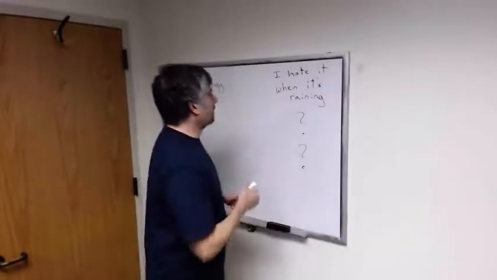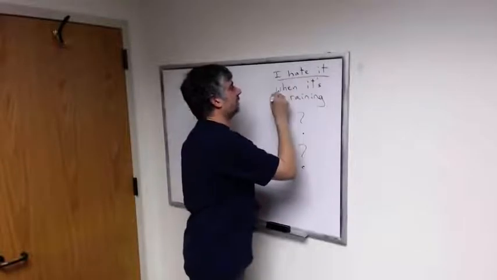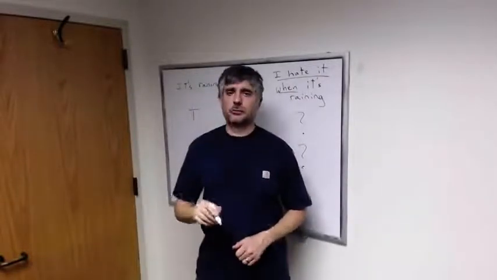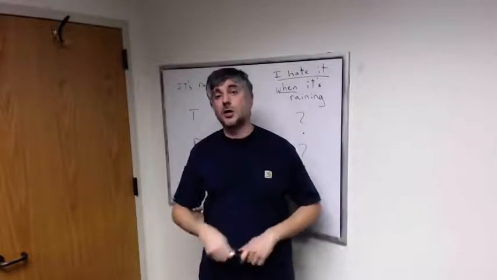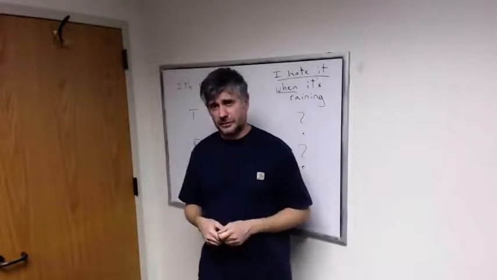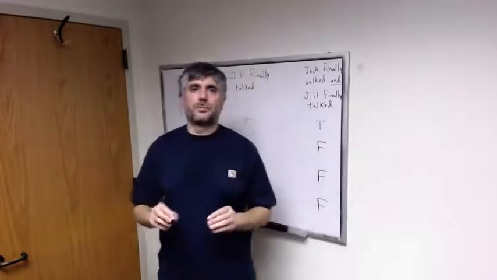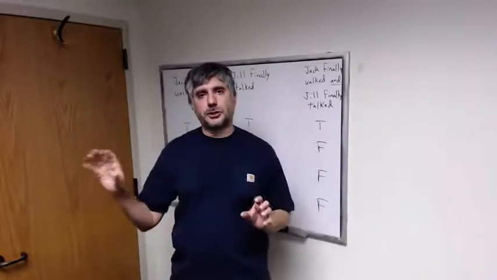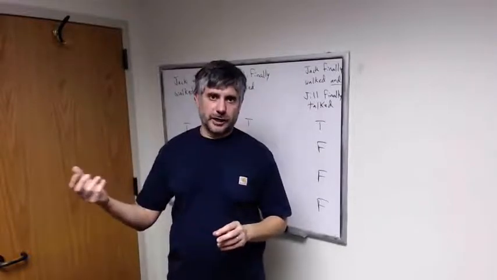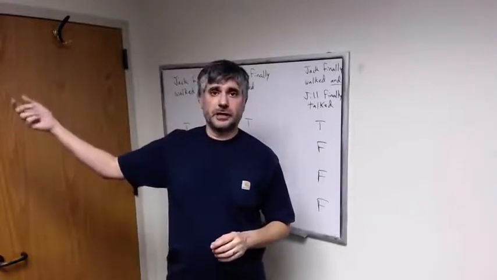Because of that, the propositional connective, I hate it when, is not a truth functional connective. It's different from the propositional connective and, which is a truth functional connective. A moment ago, we built a truth table for a proposition that was built using a truth functional connective, specifically the truth functional connective and.